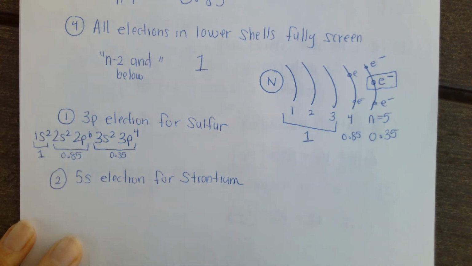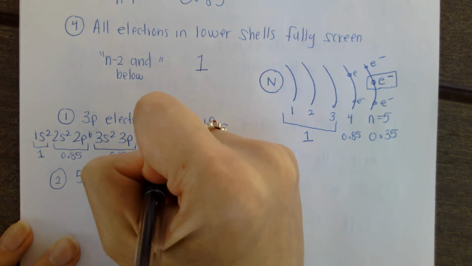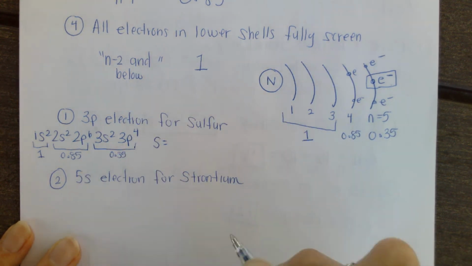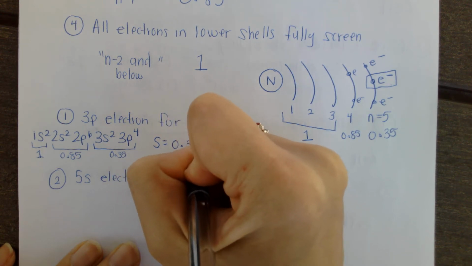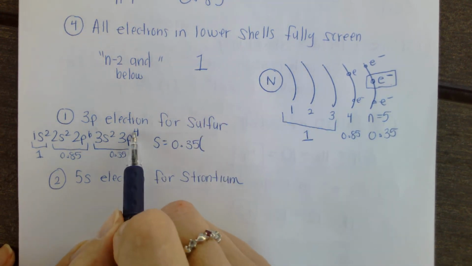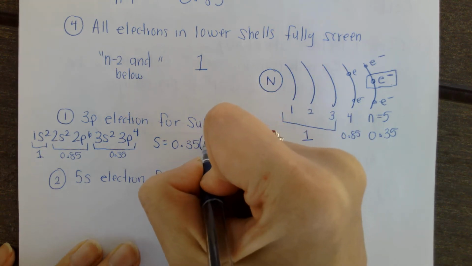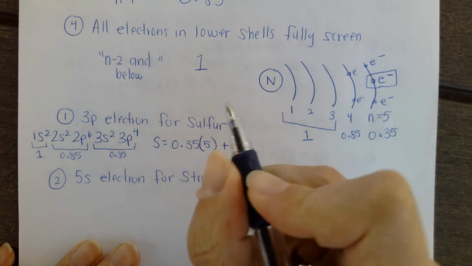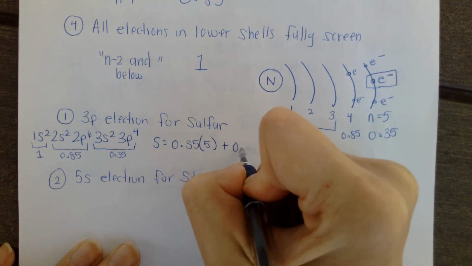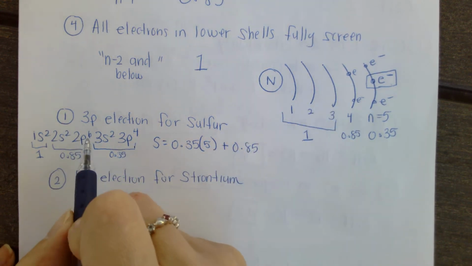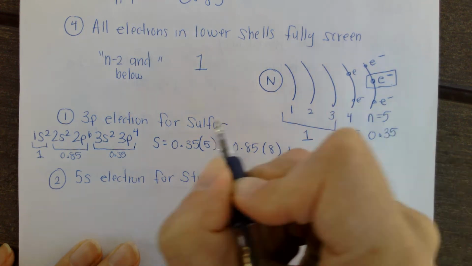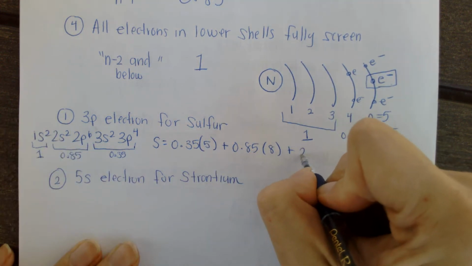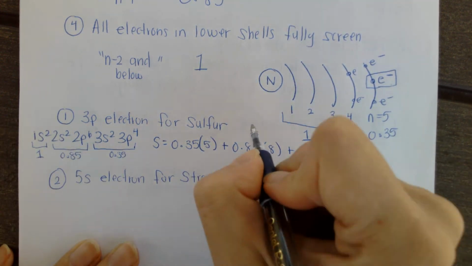So what it looks like now for S is 0.35 times 5 electrons that are screening that way, plus 0.85 times 8, since all 8 of these are screening there, and then 2 times 1.